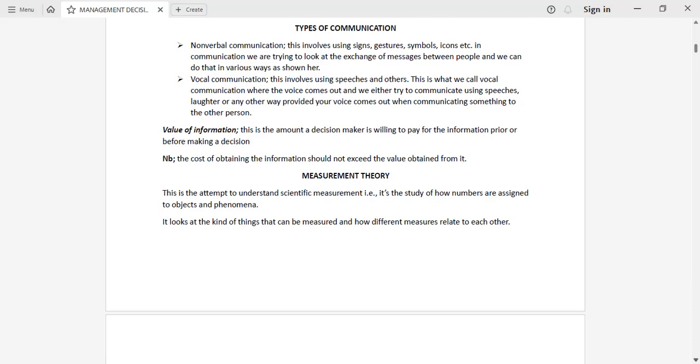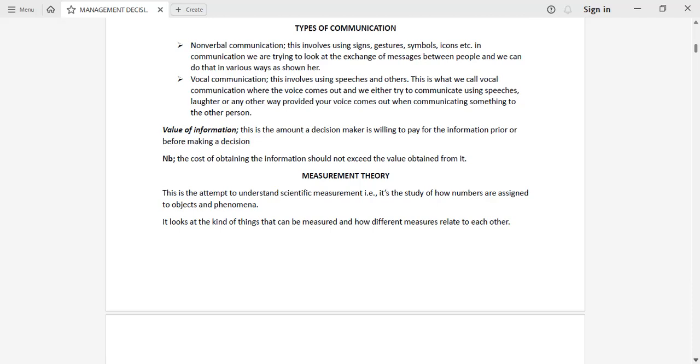Then that analysis we have done is actually what we call measurement theory. We are equating a kilogram to a ton, and a ton to a kilogram. It means a ton and a kilogram, there is a relationship between the two items.